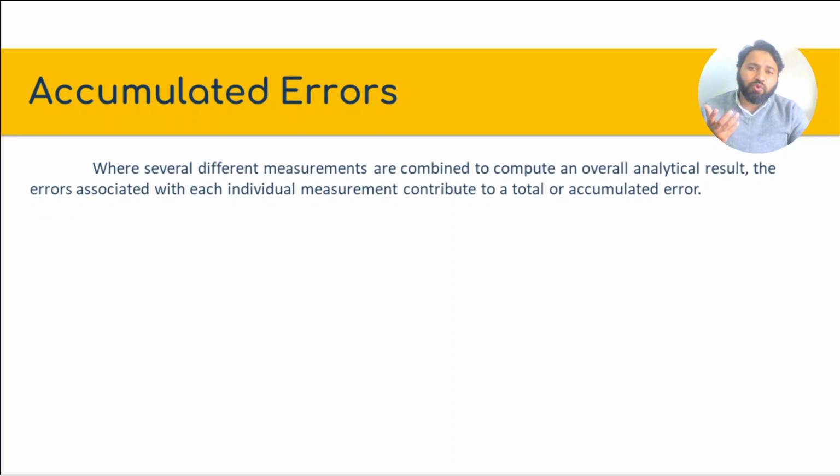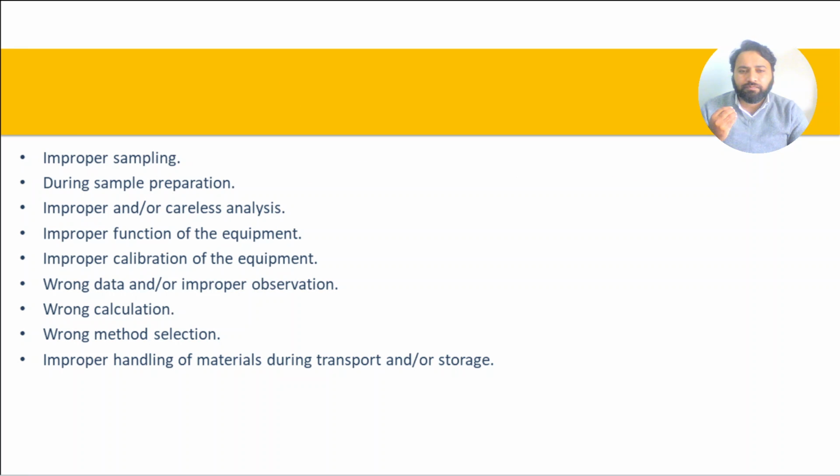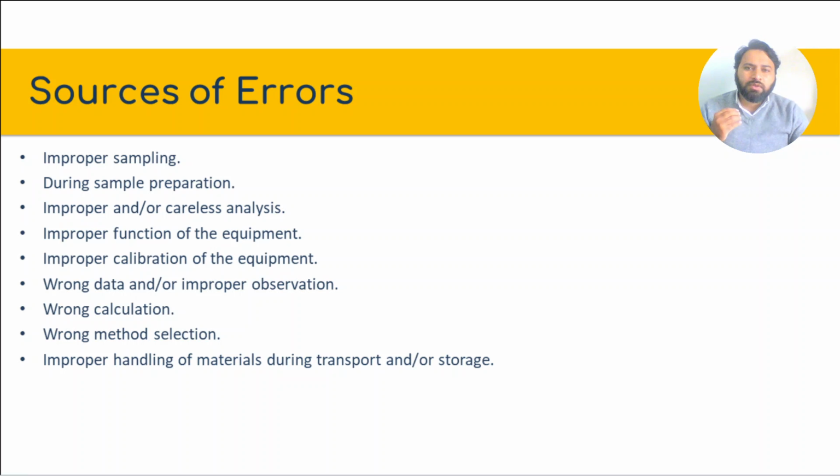Now, what are the sources of these errors? The first is improper sampling. While we are taking the sample, while we are weighing the sample, improper sampling is one of the sources of errors.